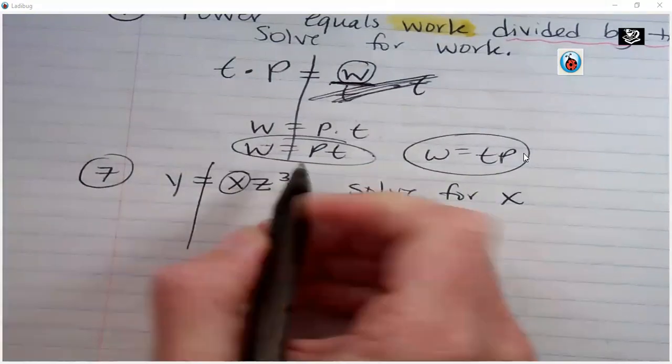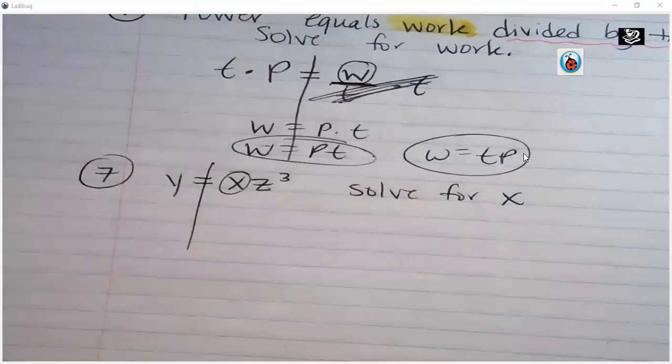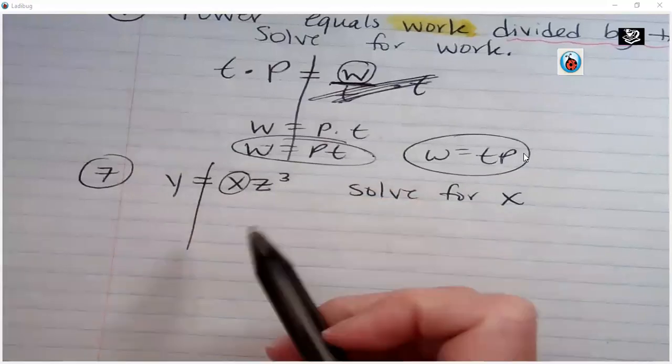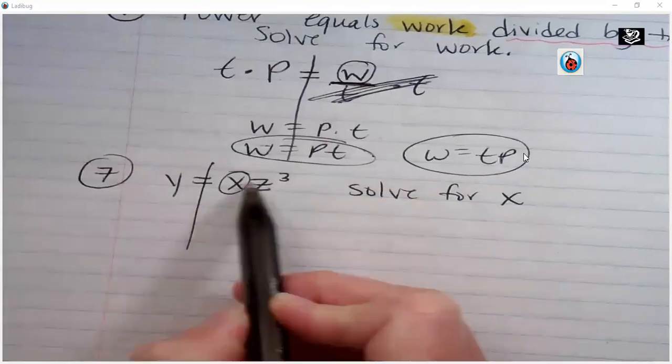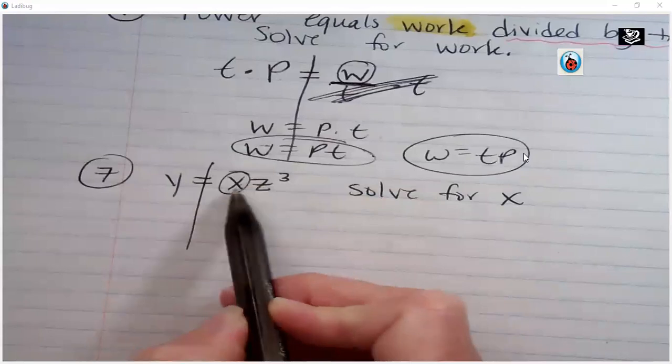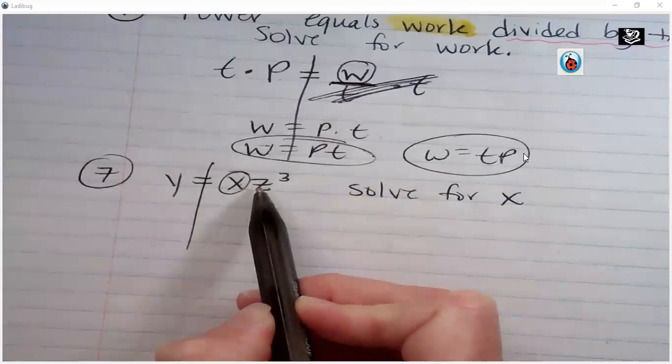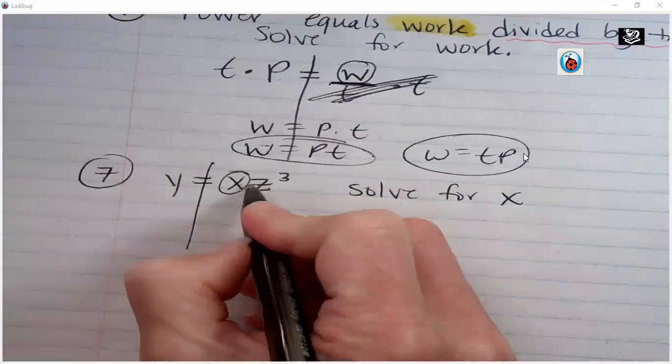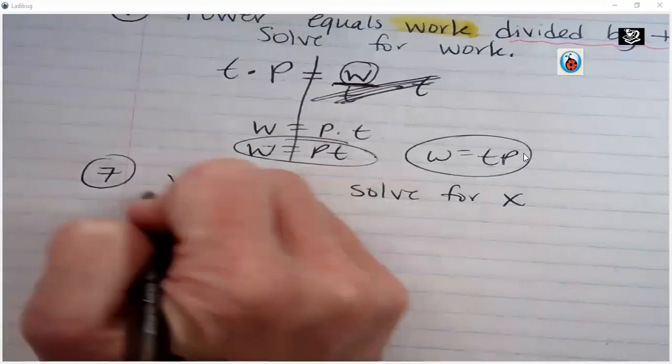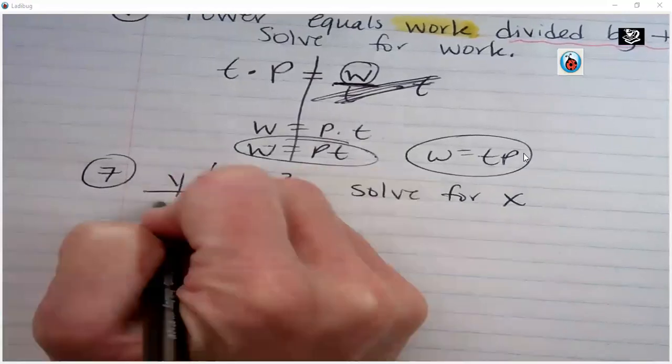So we're going to move the Z to the third at the same time. QJ, what are these two things doing right now? Adding, subtracting, multiplying, or dividing? Multiplying. So the opposite of multiply is to divide. So we're going to divide both sides by Z to the third.